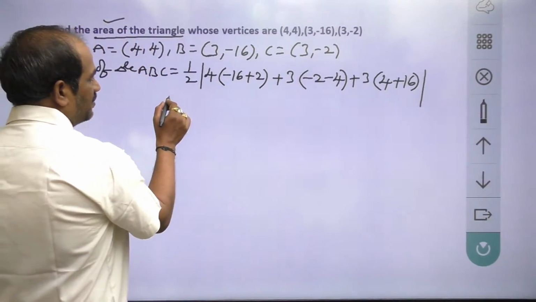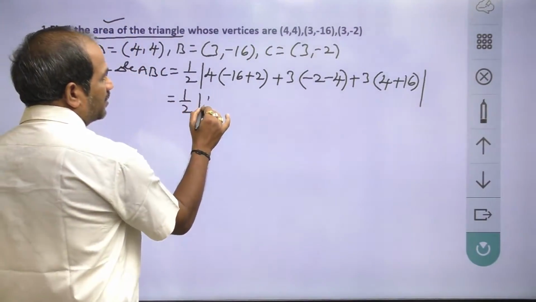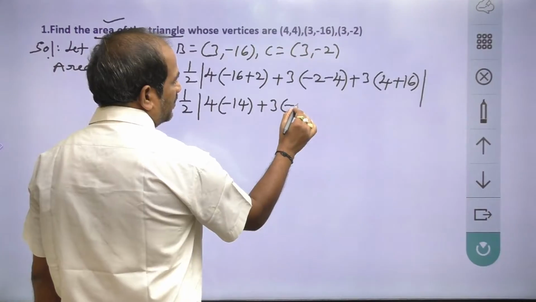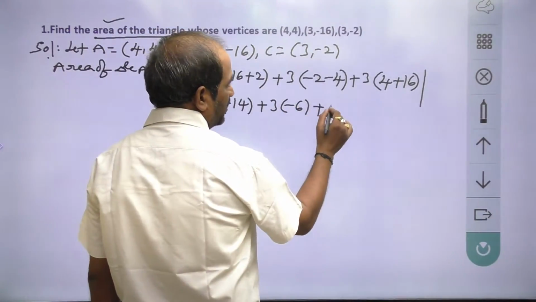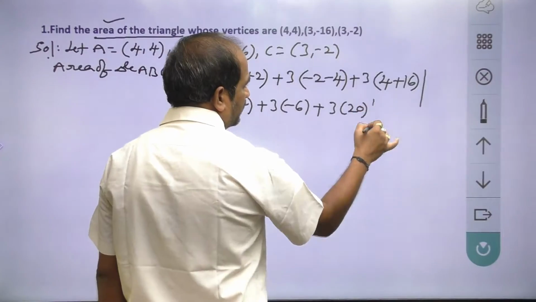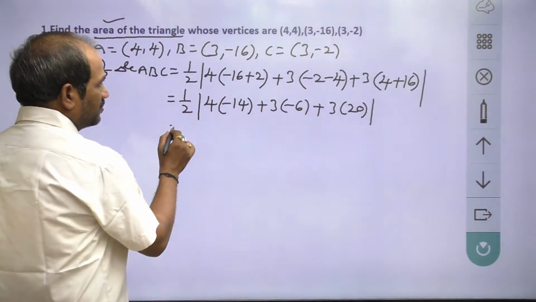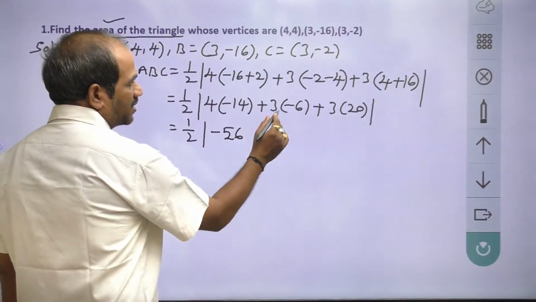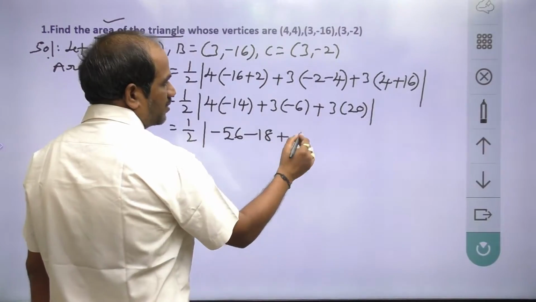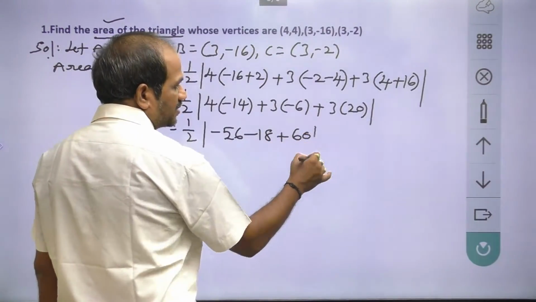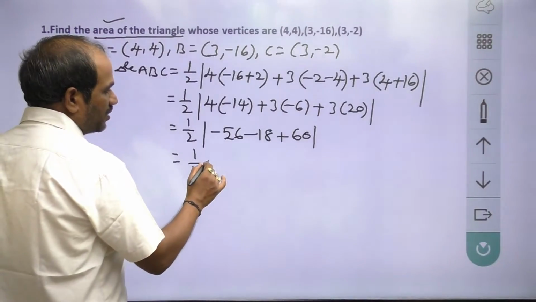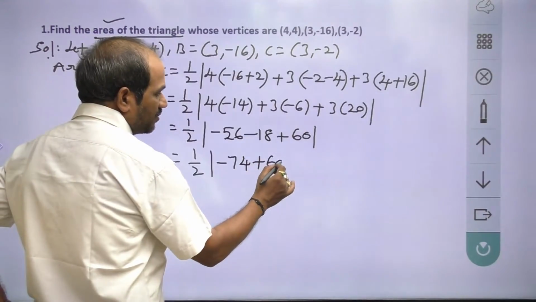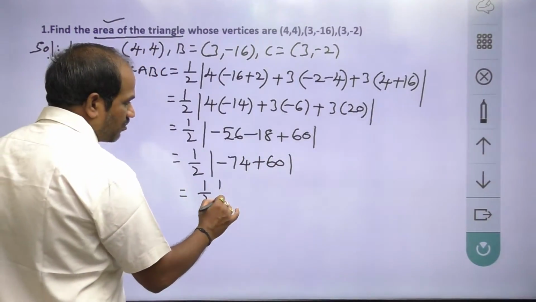Simplify the values: 1/2 into 4 into minus 14, plus 3 into minus 6, plus 3 into 20. That is 1/2 into the mod of minus 56 minus 18 plus 60, which is 1/2 into the mod of minus 14.